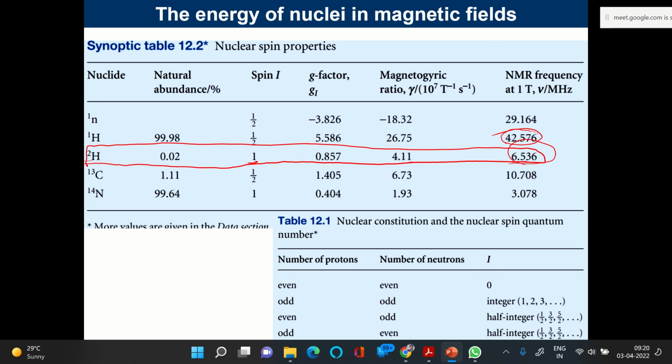That's the idea. And anyway, you compare this odd number: deuterium has an odd number of protons and neutrons, so by any consideration you cannot say that deuterium is magnetically inactive.